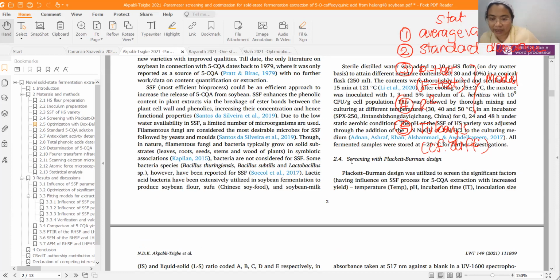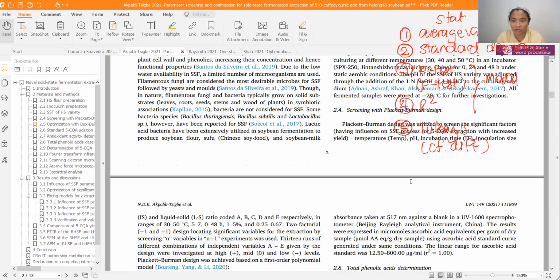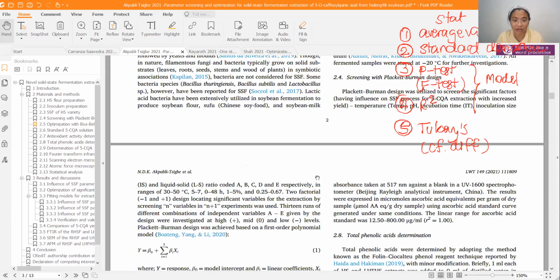It's another experimental design which is concerned only with two values, the lower value and the higher value, to screen first which factors are important before you actually do the response surface methodology.